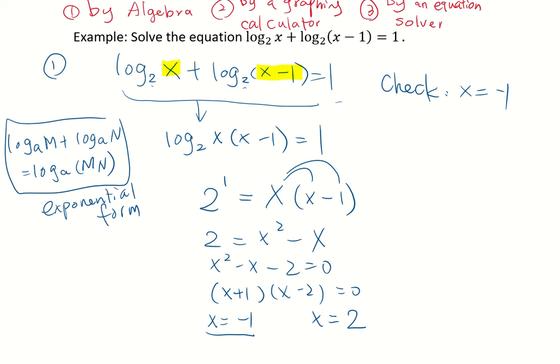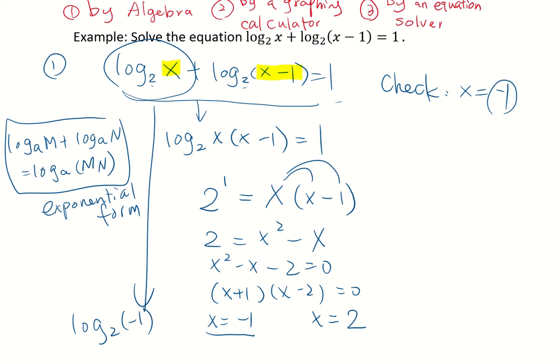If you plug -1 into the first argument, which is the argument of log base 2 of x, you will get log base 2 of -1, which is undefined. So that means -1 cannot be a solution, because that makes one of the original logarithmic expressions undefined.